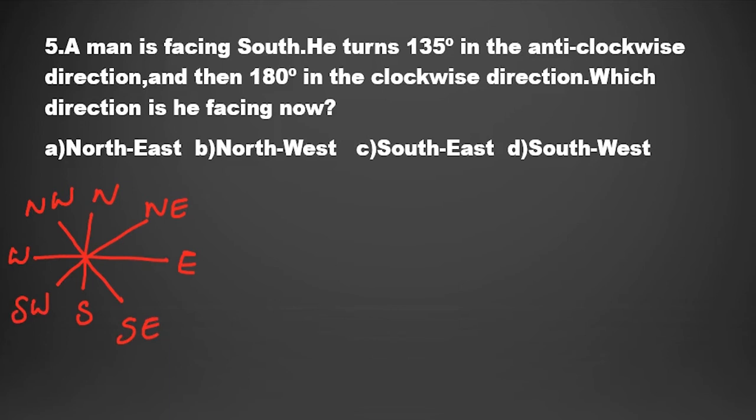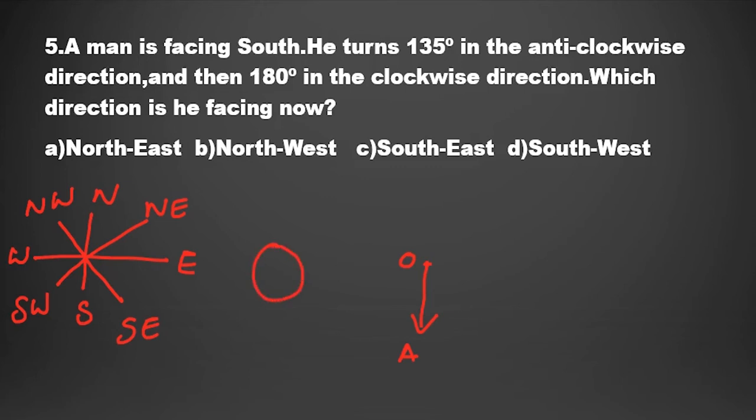A man is facing south, downwards. Let the point be O, A. The man is facing south. He turns 135 degree in the anti-clockwise direction.